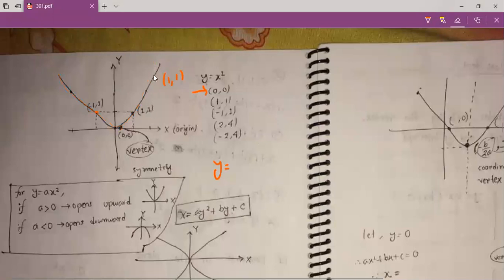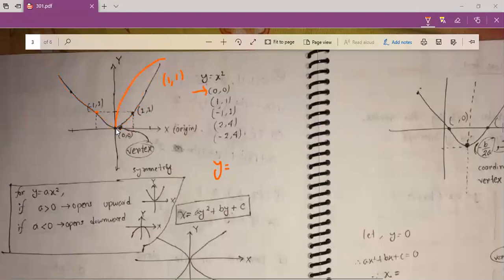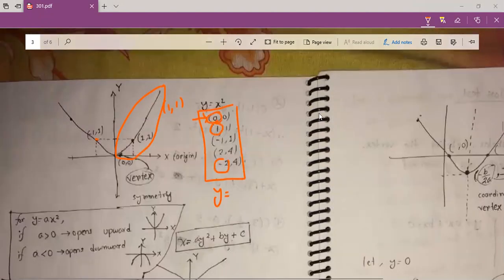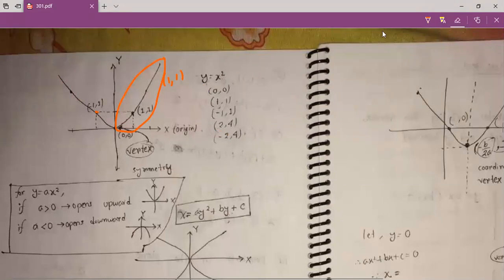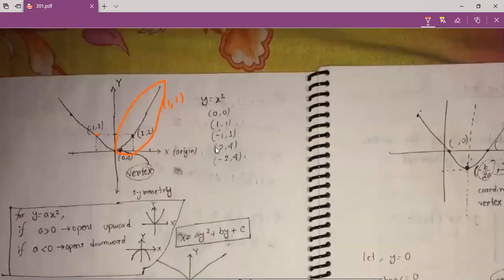Yes, it will be fine, but you will only find this part. So to draw the full parabola, you need to take some more random values, like minus, then plus, then 0.